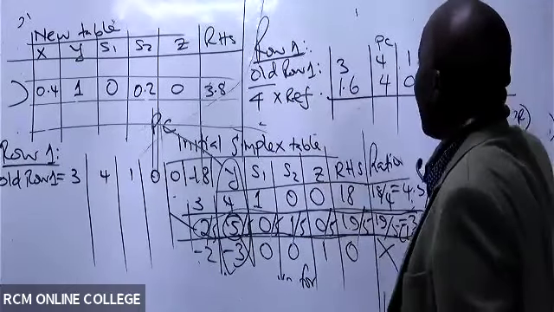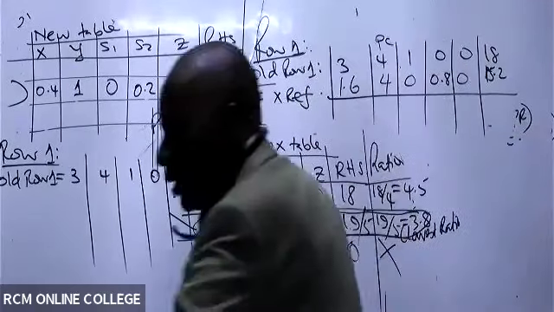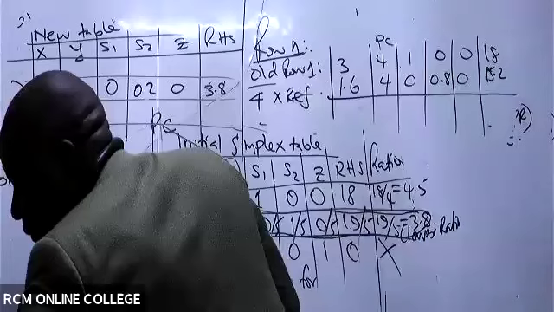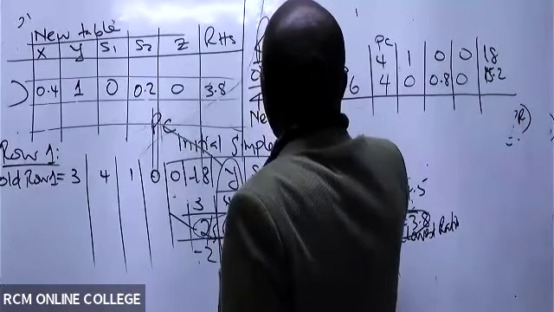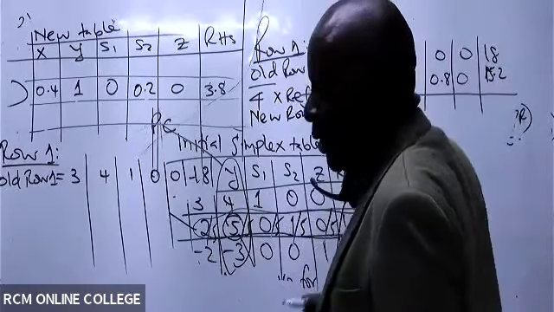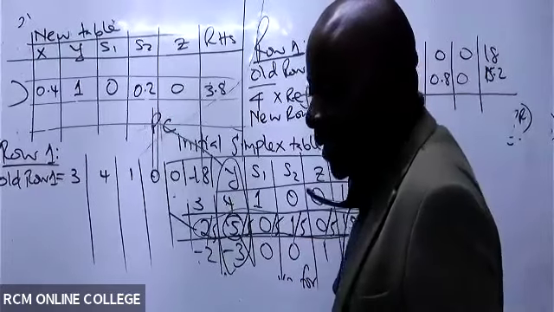Remember, we are using what we call row reduction. We are subtracting to get the new row 1. Come and give me the new row. What is 3 minus 1.6?